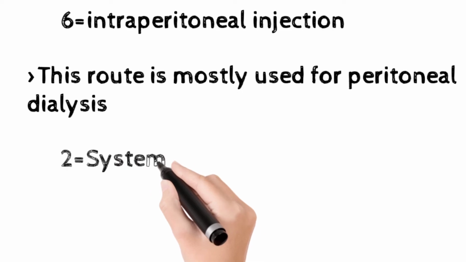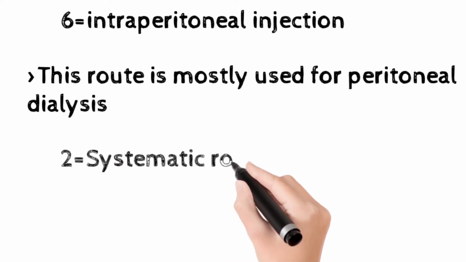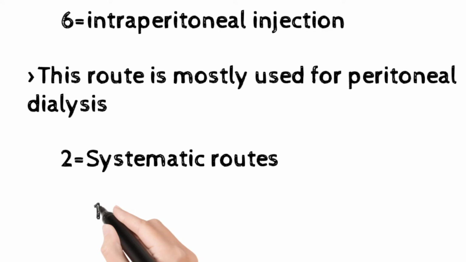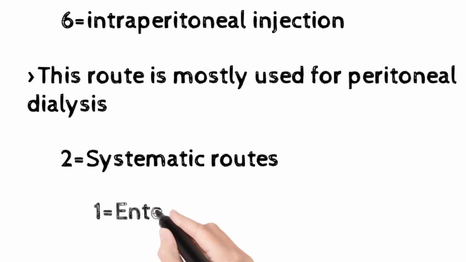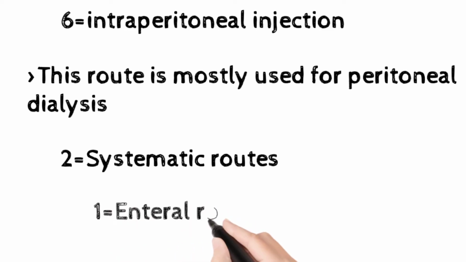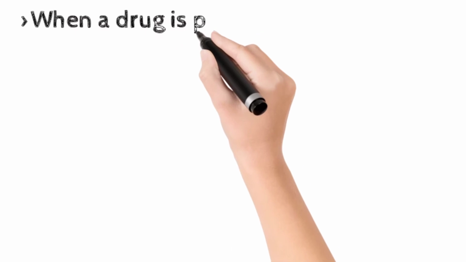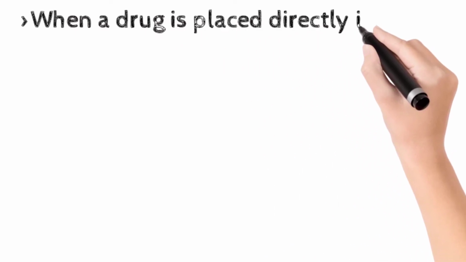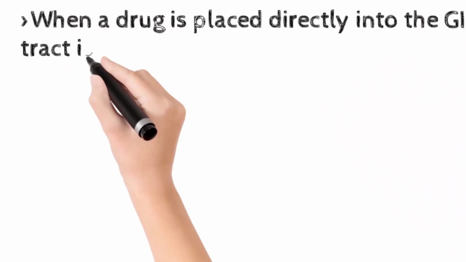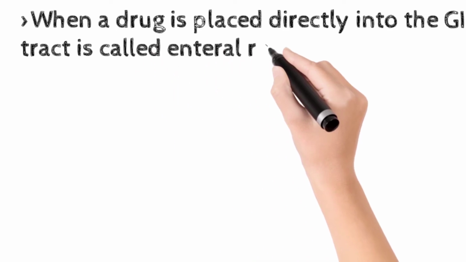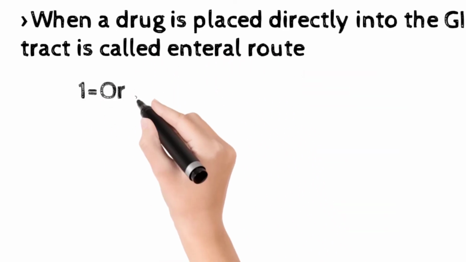Now after local injection method, come to the systemic routes. In systemic routes, first is the enteral routes. How we define the enteral routes? In enteral route, when a drug is placed directly into the GI tract, it is called enteral route.